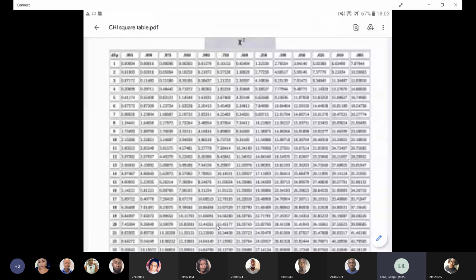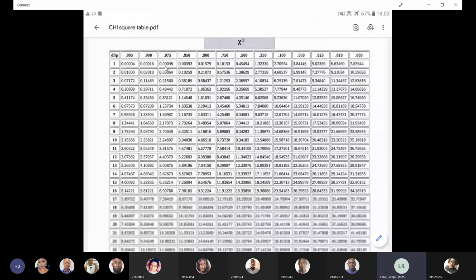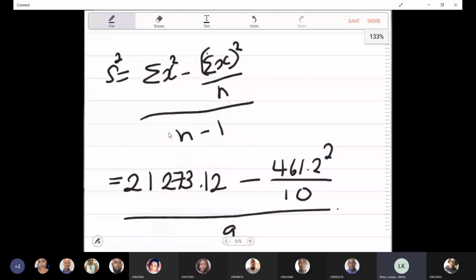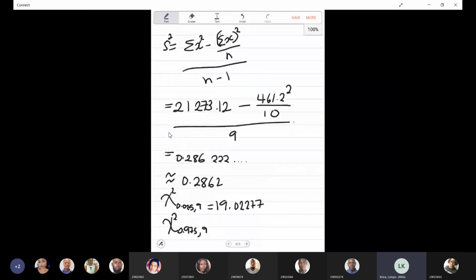There is our table. 0.975 and then 9 degrees of freedom. There it is. This is 2.70039. Okay, then we have everything we need in order to construct the confidence interval.